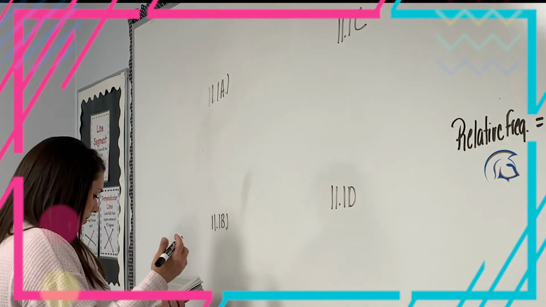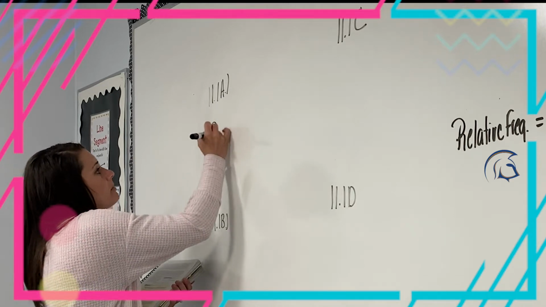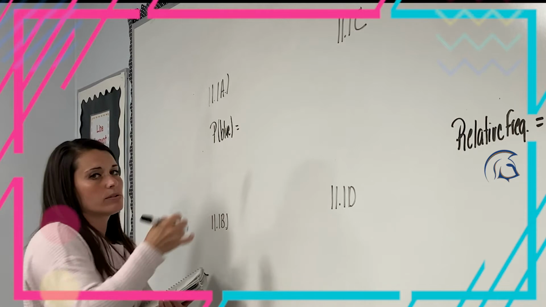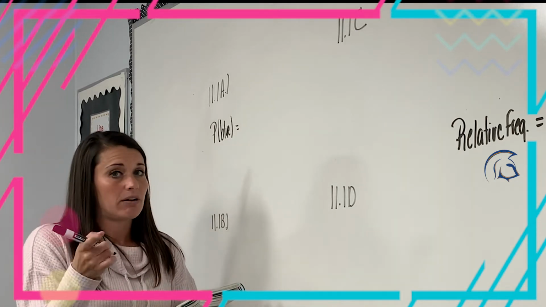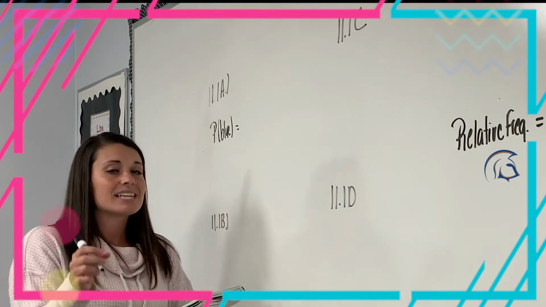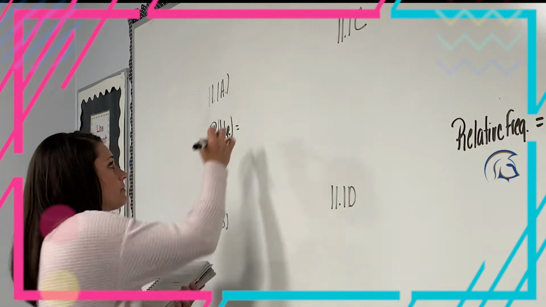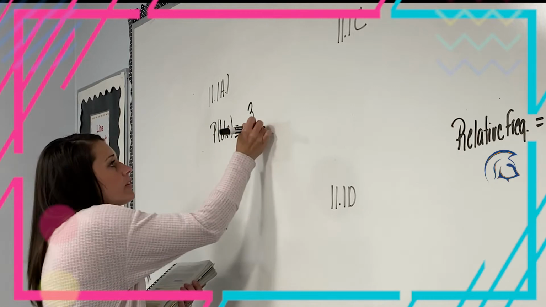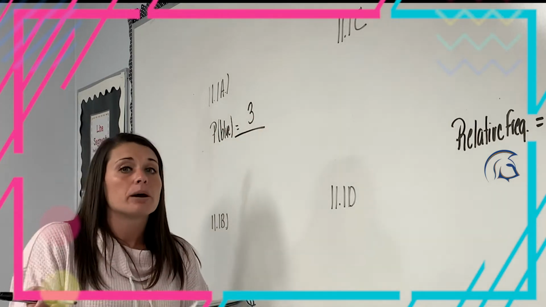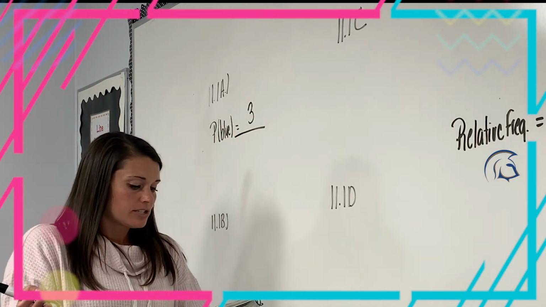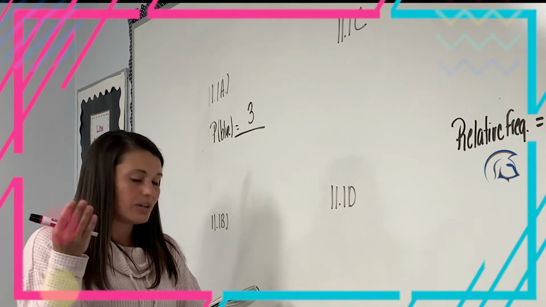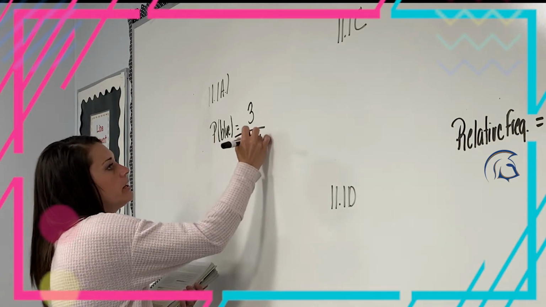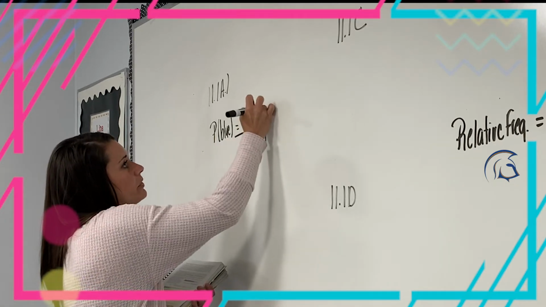You're going to say probability P of the blue marble equals the number of successful outcomes. What is that? That is the blue marbles, and there are 3. So we're going to put that on top, just like our formula, over the total number of marbles. There are 3 blue and the total is 8.